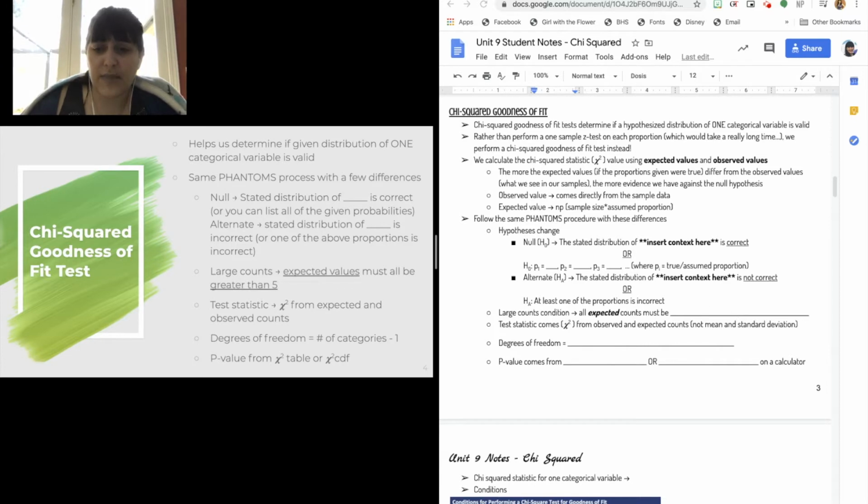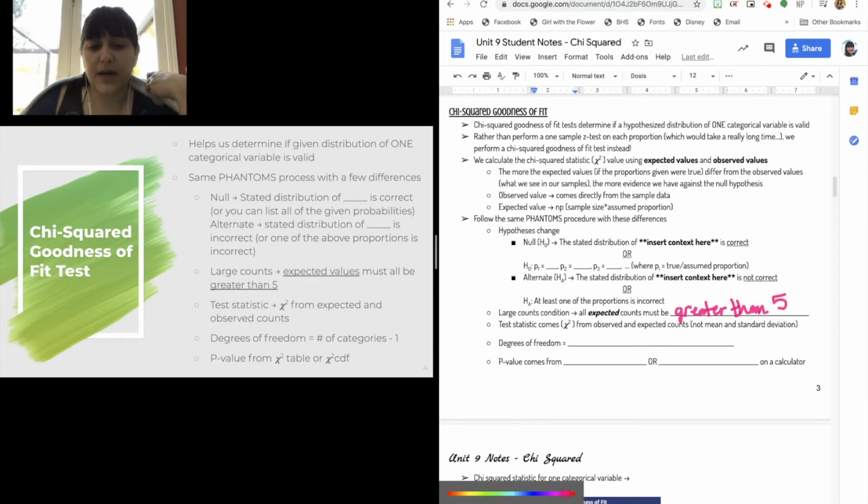I'm going to write that for you here because I know some of you like to follow along with me in actual note documents. So all expected counts here must be greater than 5.